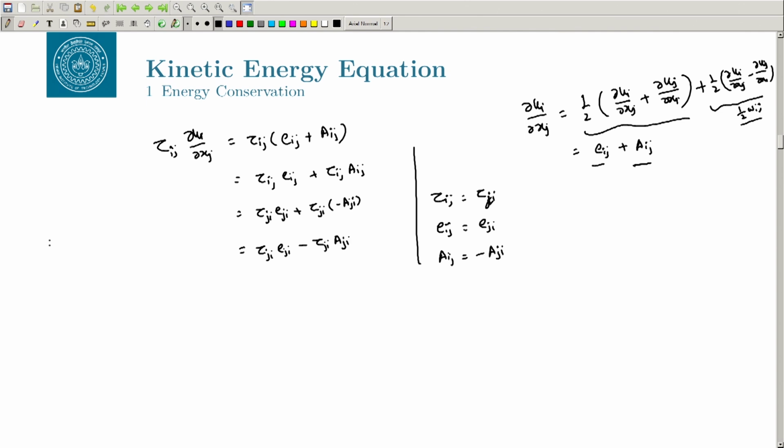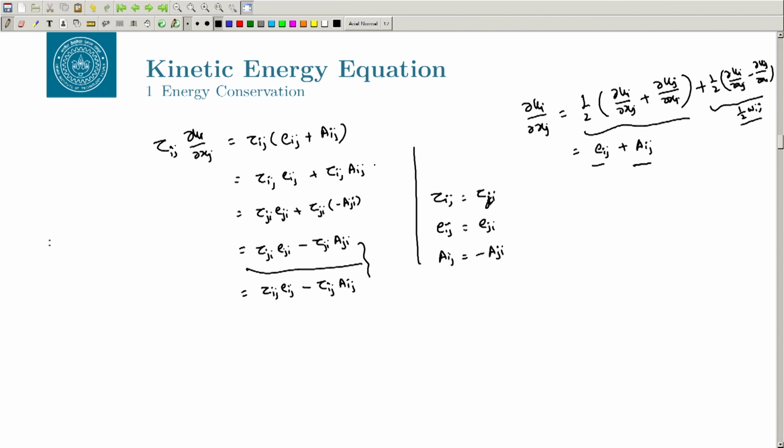Now remember, this j and i, because of the repetition, are basically dummy indices. You could also use l, m, n, whatever notation you want. So if I replace i and j, this will become tau_ij E_ij minus tau_ij A_ij, because they are dummy indices.